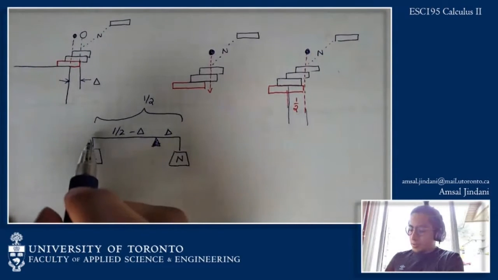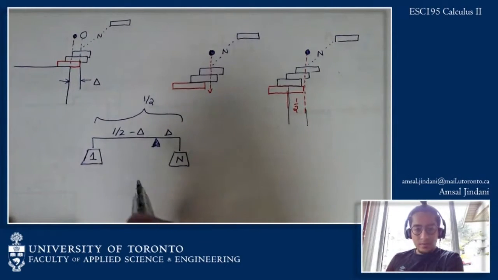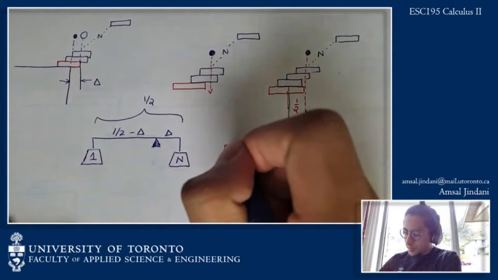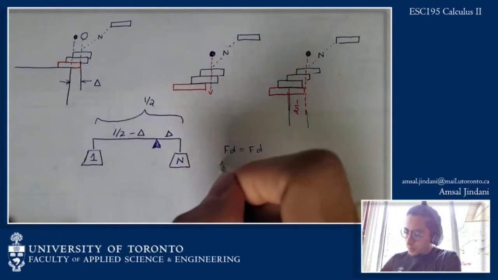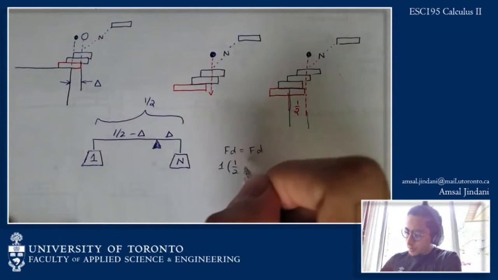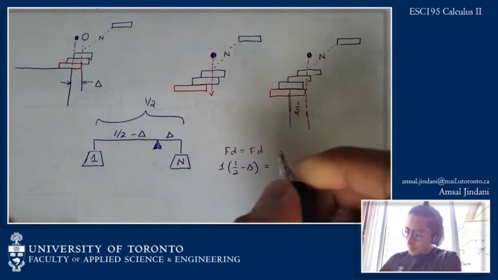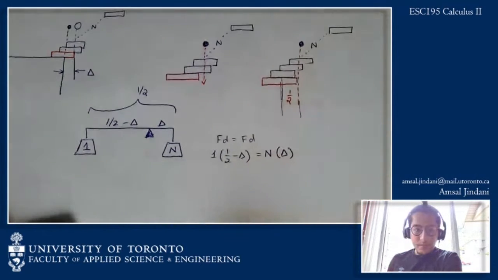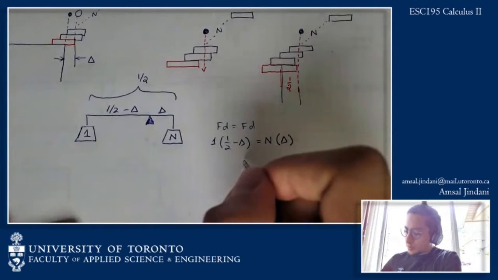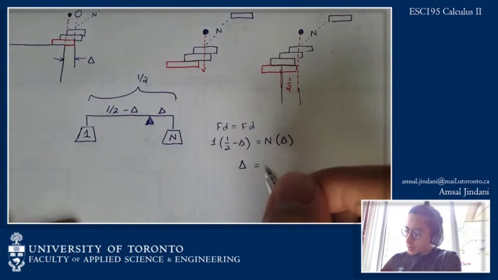And then you can just do force times distance for both of these to balance the beam, right? So you have force times distance, force times distance. So the force is 1 and the distance is half minus delta. And the force here is of n blocks and the distance is delta. And now you can solve for delta.